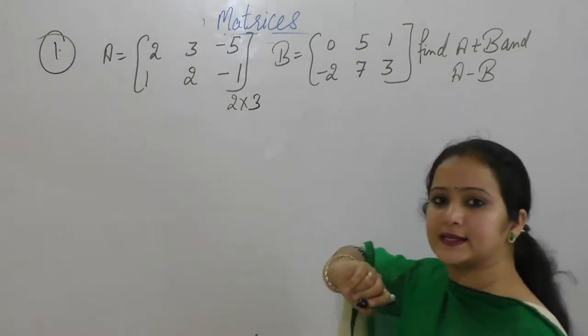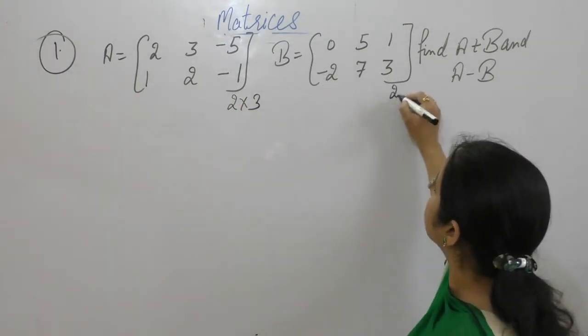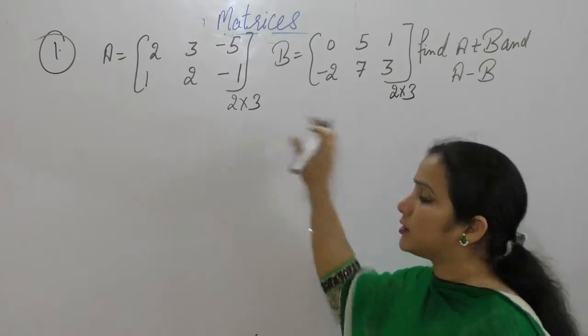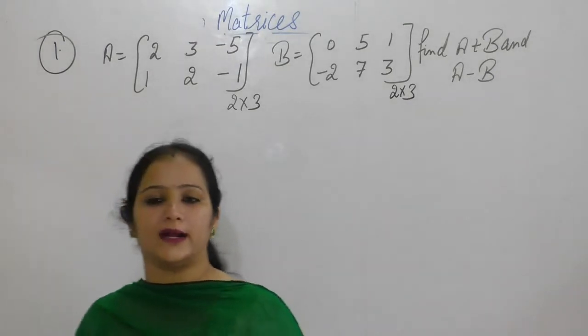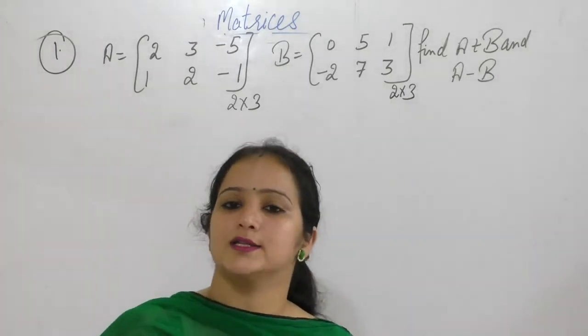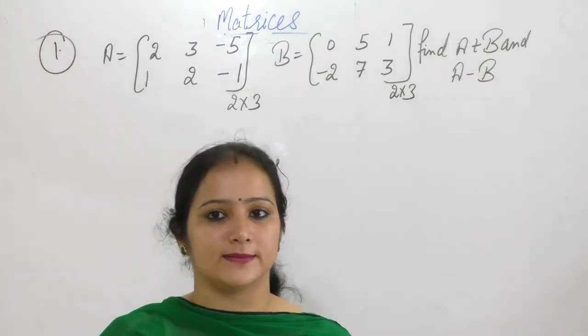Order of matrix B: 2 rows, 3 columns. Since the order of matrix A and the order of matrix B are equal, we can add and subtract these matrices.